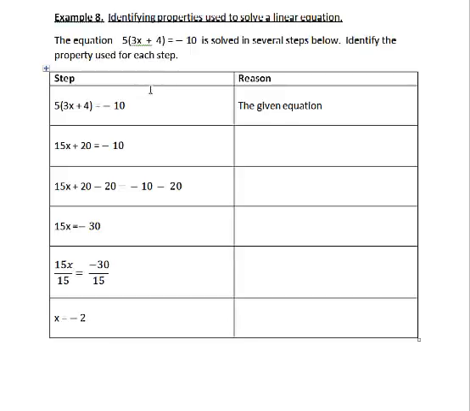We had commutative and associative property of addition and multiplication. We had the identity property of addition and multiplication, the inverse property of addition and multiplication, and we had the multiplication property of 0, and then the distributive property.